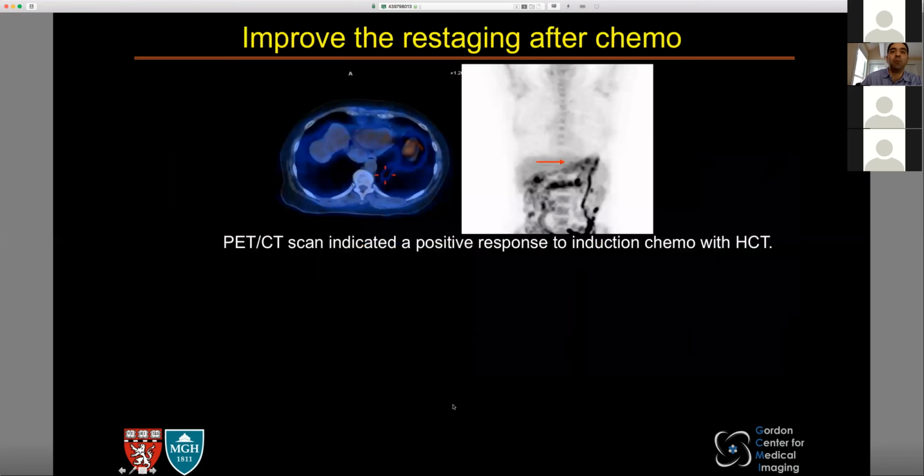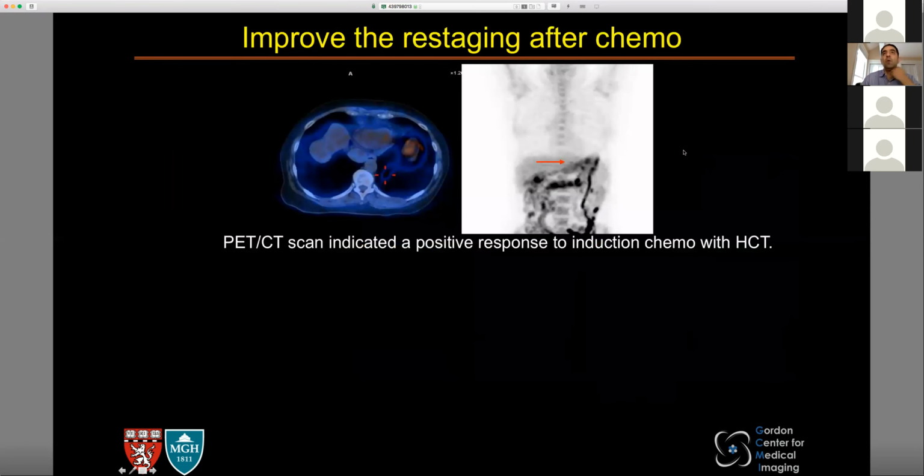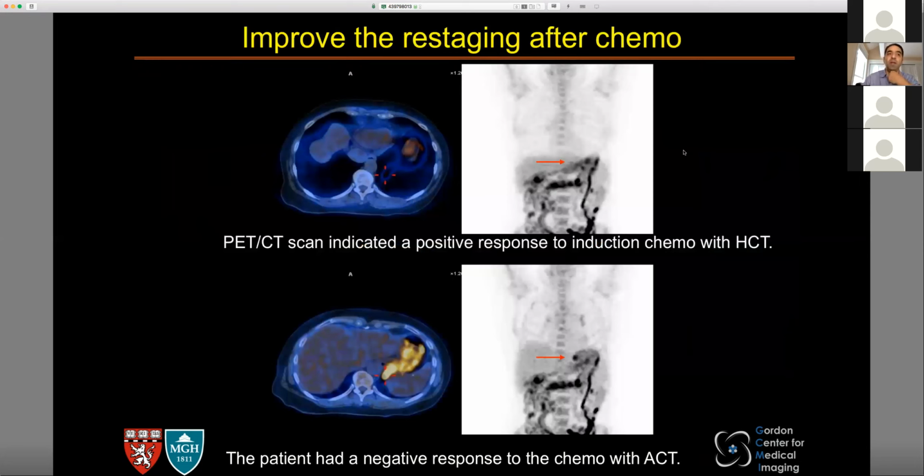Here's another example. Here's a lesion post-chemo that was read as responding to induced chemo. There was a positive response. That very same patient was considered non-responding when a 4D PET-CT was performed and motion was corrected.